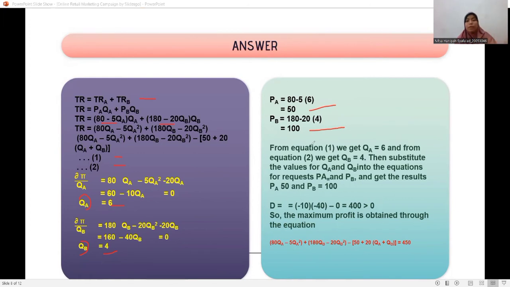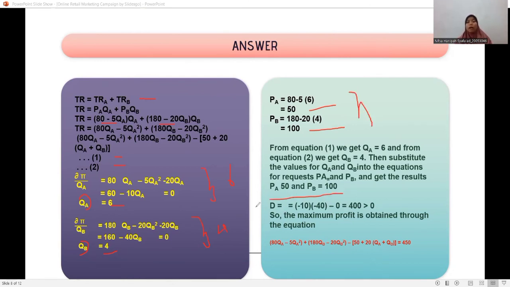From equation 1, we get QA is 6, and from equation 2, we get QB is 4. Then we substitute the values for QA and QB into the equation for the profit, and we get the result after we calculate here.